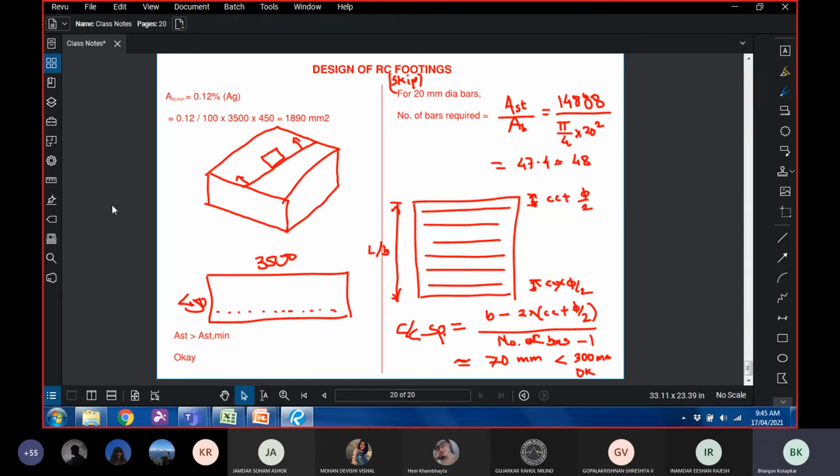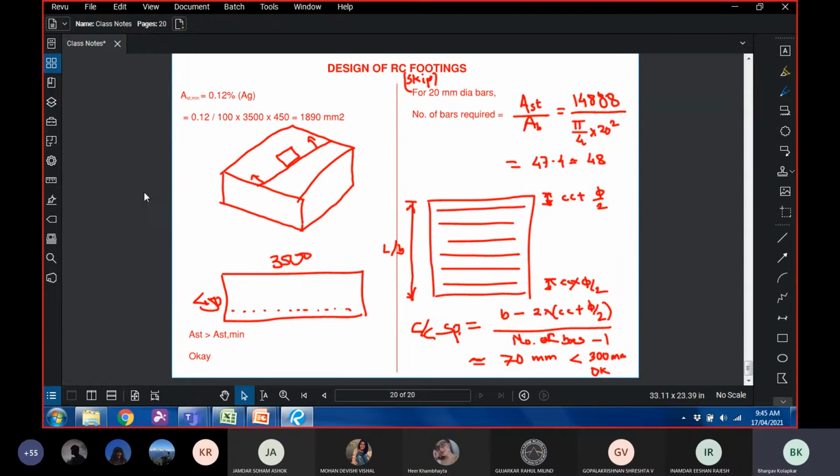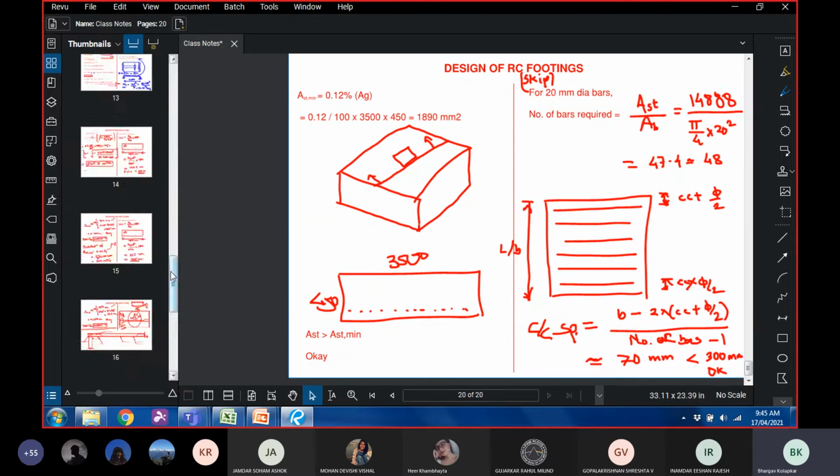Okay, so we have everything we need now, but the only thing that needs to go on the site is not all these calculations, but an actual section. Therefore, we're going to draw an actual section.